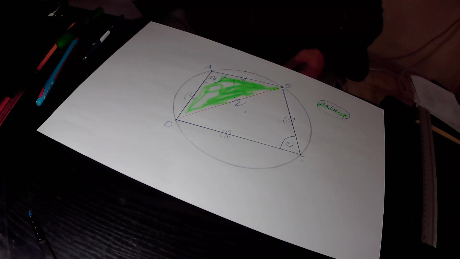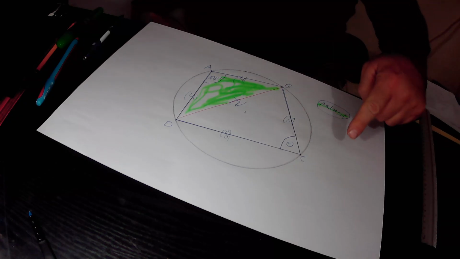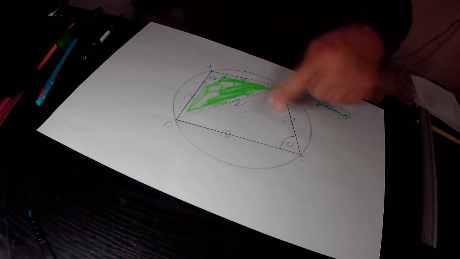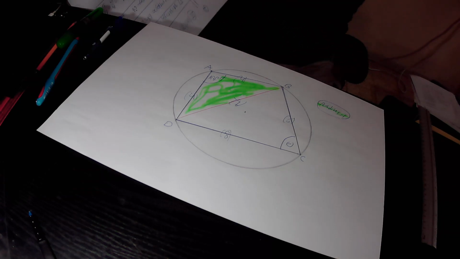In the next step, implement the law of cosines on triangle BCD. According to the law of cosines, BD squared equals BC squared plus CD squared minus 2 times BC times CD times cosine theta.